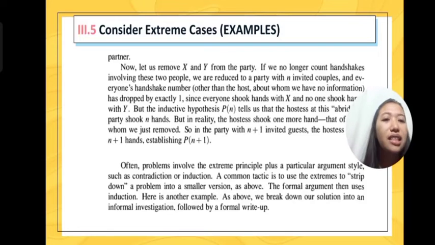Now, let's remove Y and X from the party.